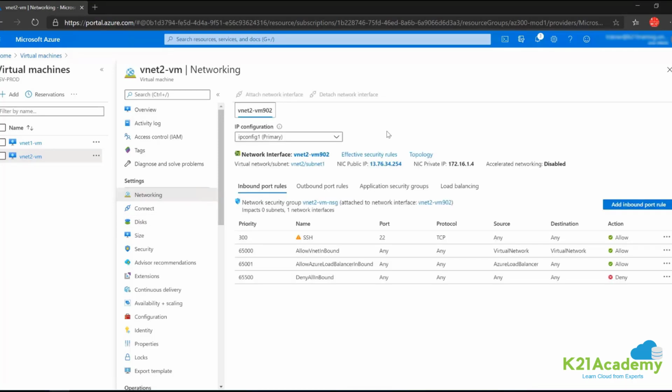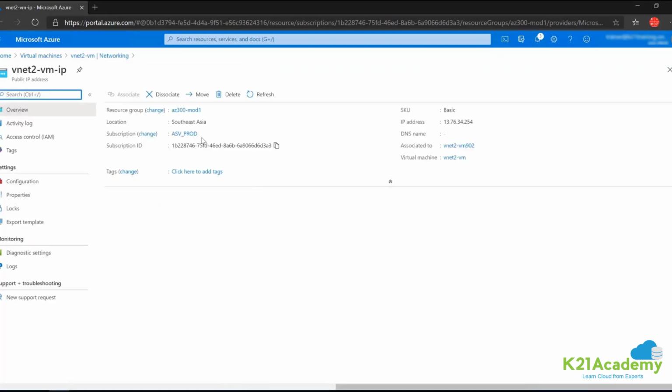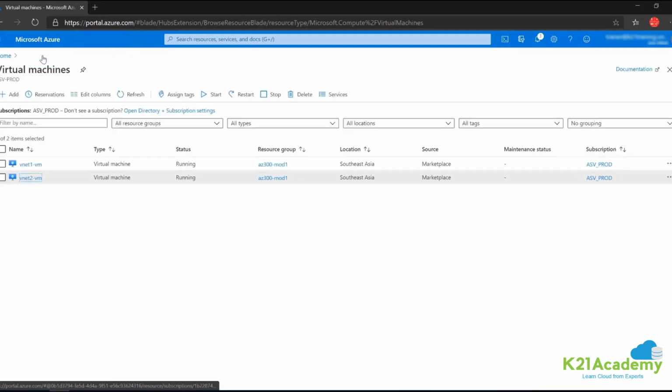If I go to networking and take a look at my network interface, that's VNet2 VM902. Then if I go to my public IP address, it will have a name similar to that. So basically everything that you see has the VM name appended to it.